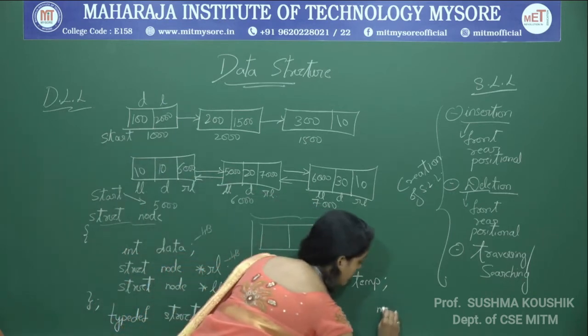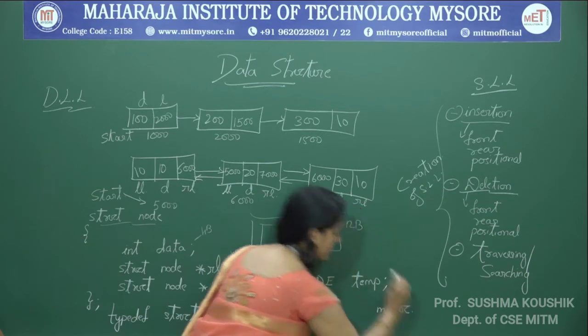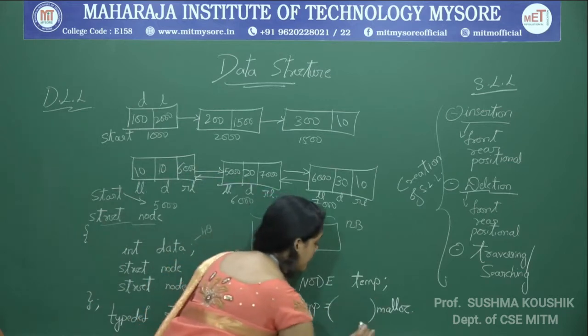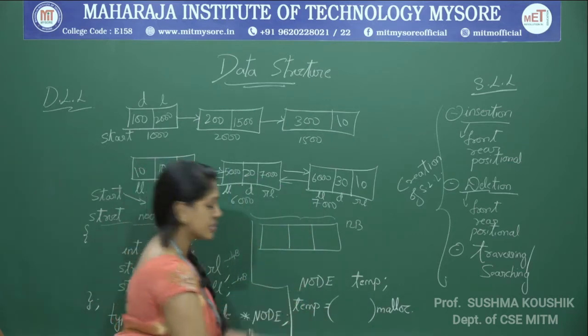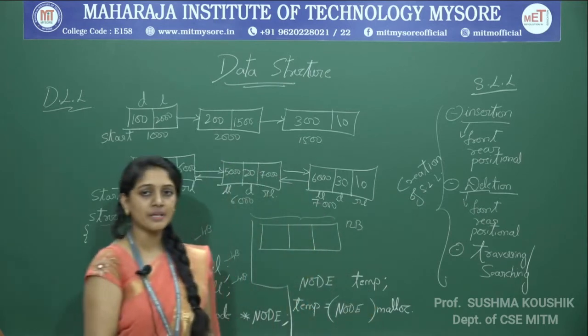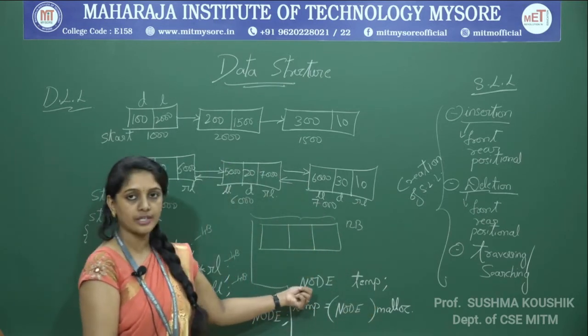malloc. We know that malloc will return for us the void data type. So, we have to typecast this. I can typecast it to the type of structure. So, it is node. It's a pointer which I am typecasting, but again this is already a pointer for us.